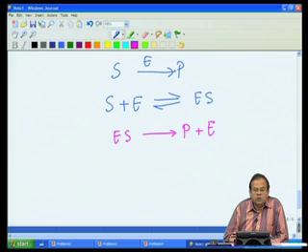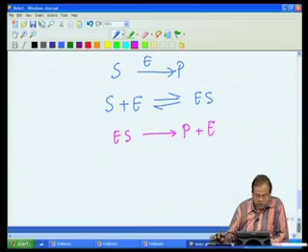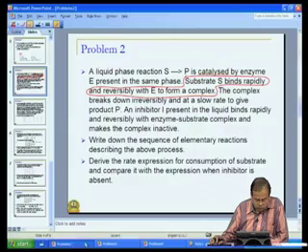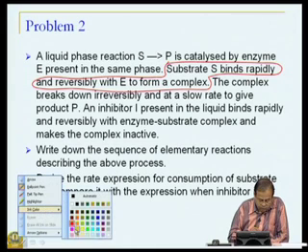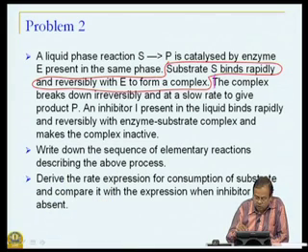Now, whether the information that it is rapid, slow, we will use it while deriving the rate expression. So, this is my step 2. So, we have taken care of our second piece of information.